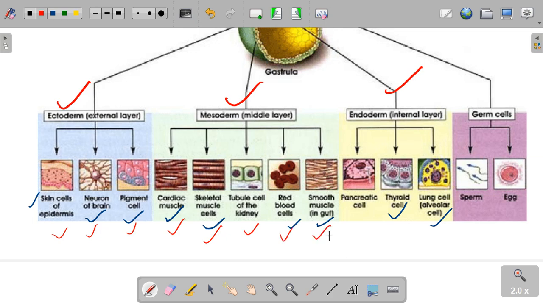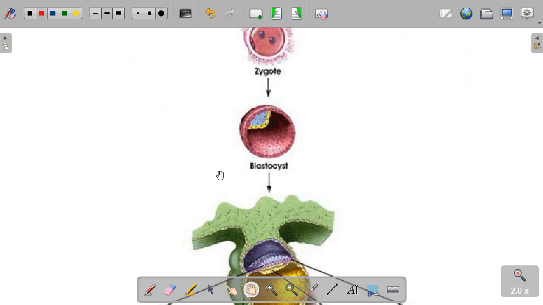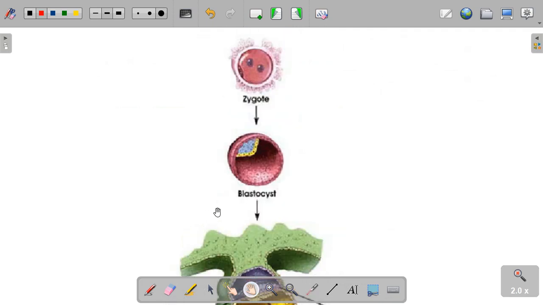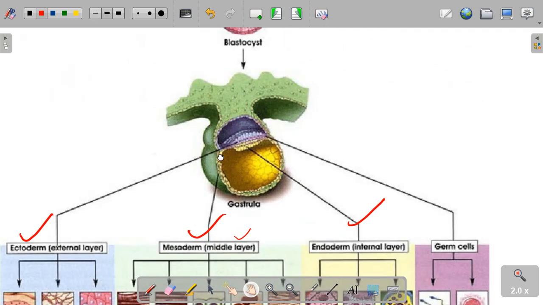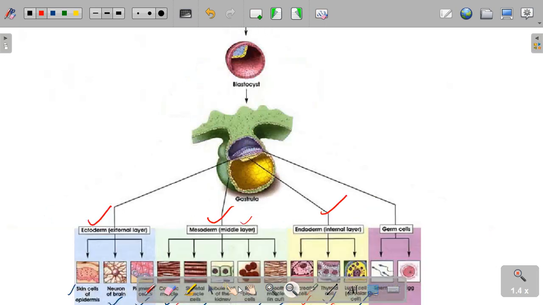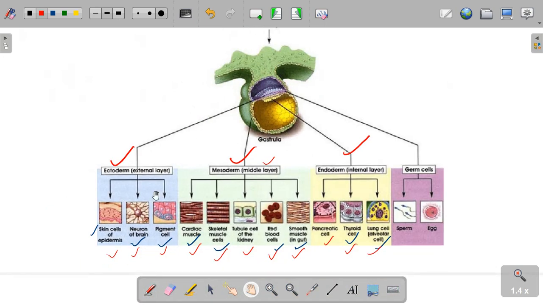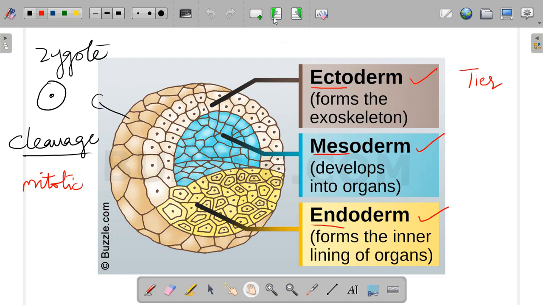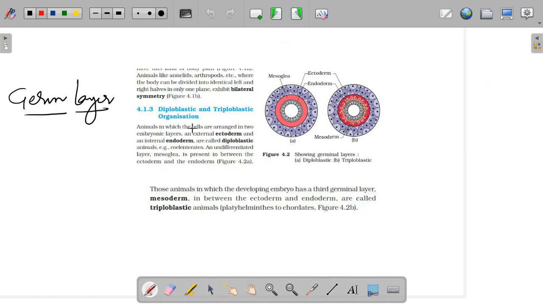And endoderm can form different types of organs in the body. So you can say that the zygote undergoes so many cleavages and develops into an embryo. The embryo can be distinguished into three distinct germ layers. Each germ layer develops into different body parts of an organism. So based on that, during classification, some groups of organisms are diploblastic.